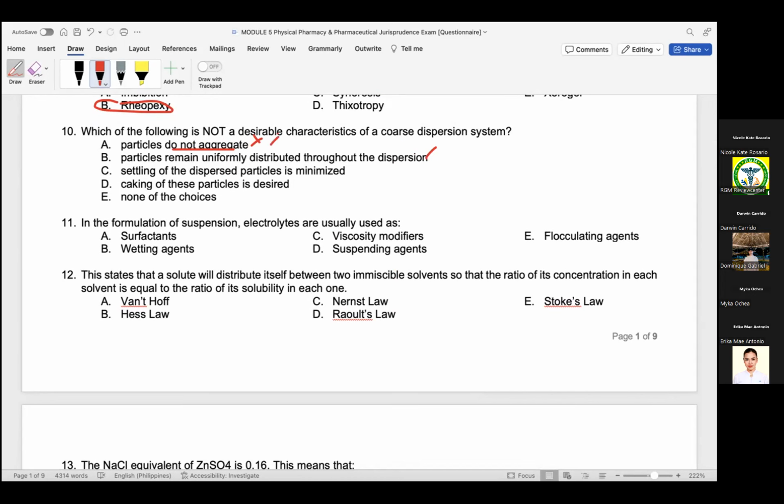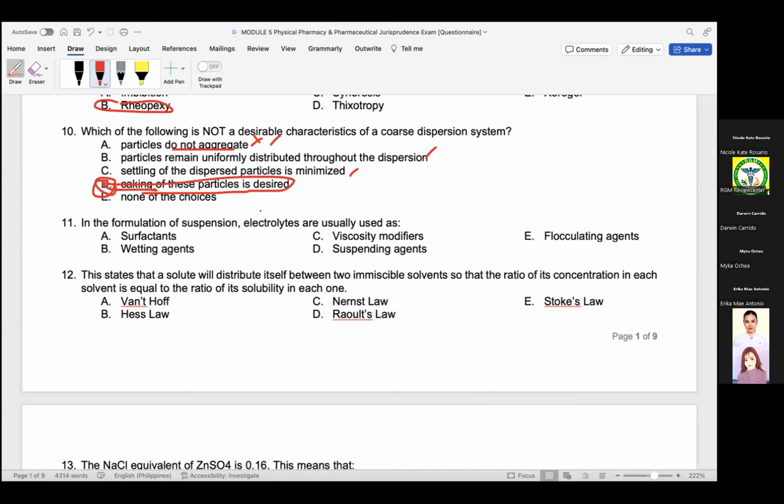Desirable ito, they should not aggregate. Ibig sabihin, yung mga flocculated na particles, pwede pang mag-aggregate yun. So, dapat as floccules lang sila. Settling of these dispersed particles is minimized. That is true. O, ito, caking of these particles is desired. This is not desired. Caking is the main instability of suspension. So, letter D is the correct answer here.